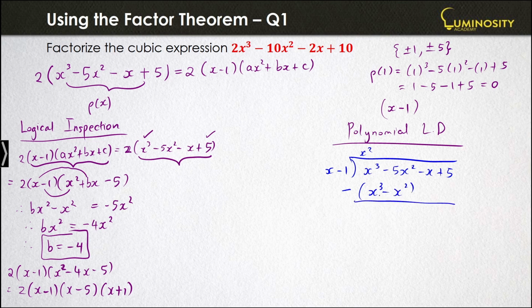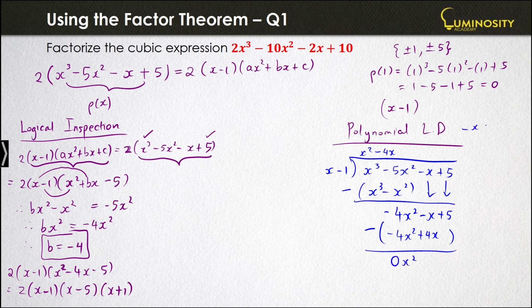So x cubed minus x cubed is 0x cubed, and negative 5x squared minus negative x squared gives negative 4x squared. Then bring down the remaining terms, minus x plus 5. Again, I'll do negative 4x here, so that when I multiply it out I get negative 4x squared plus 4x. Negative 4x squared minus negative 4x squared is 0x squared.